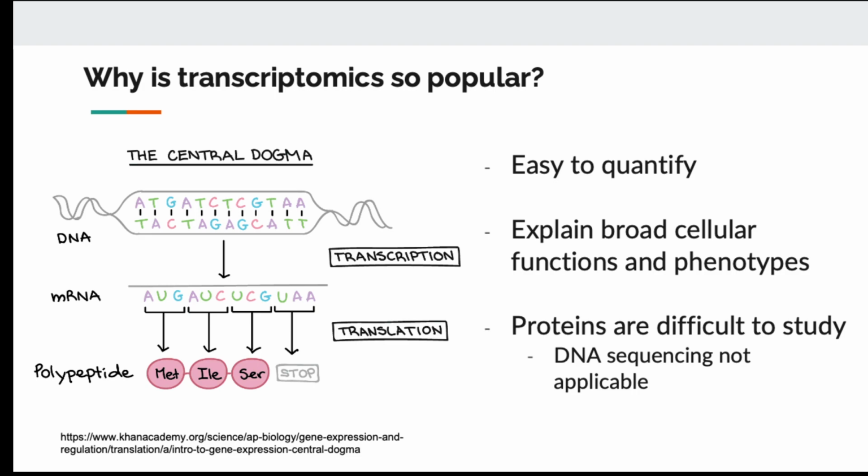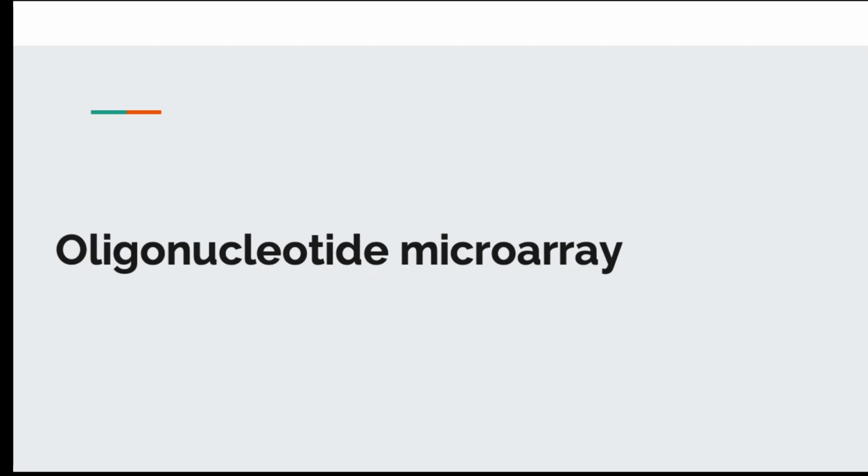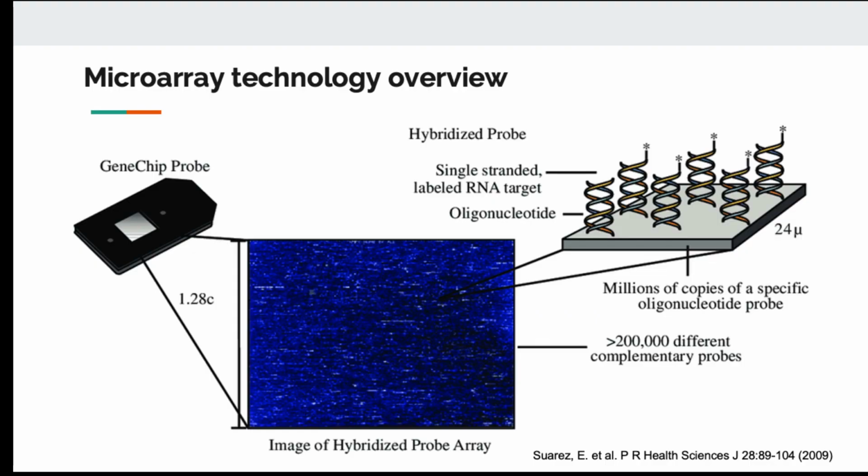Okay. So the first technology that we are going to look at is really old, but still in use today because it's cheap, and that's the microarray technology. What we imagine as a microarray is a chip, like a surface, and on that surface people design a certain DNA sequence or RNA sequence and attach it on the chip.